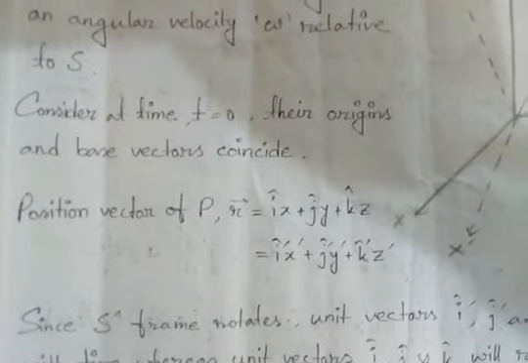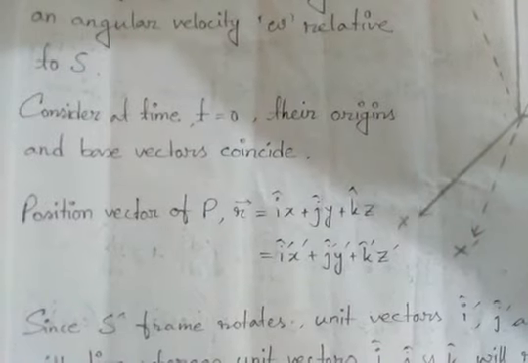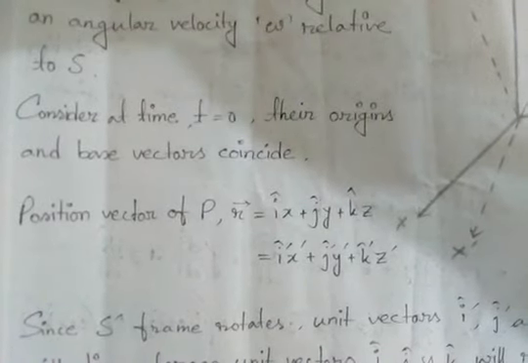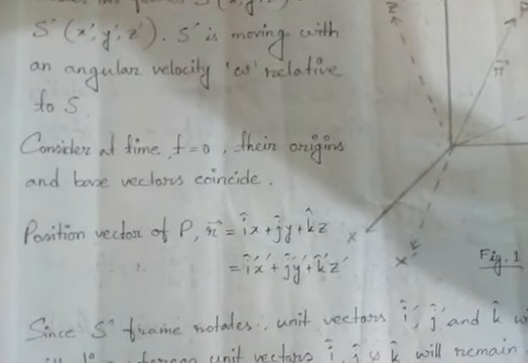Position vector of P is equal to i x plus j y plus k z for the S frame, and i dash x dash plus j dash y dash plus k dash z dash for the S dash frame.